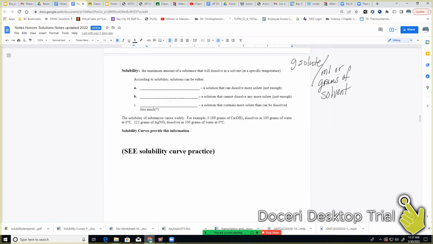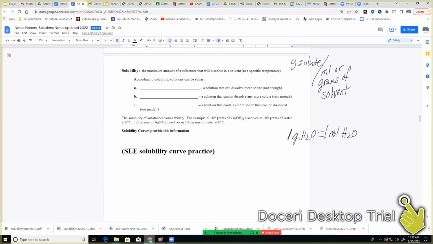Water has a density of 1 gram per 1 ml. So that means if I have 1 gram of water, it's going to be equal to 1 milliliter of water. That's not true for all substances, but it is for water. So on that one, it says that you have 100 grams of water. That's the same thing as saying that you have 100 mL of water.